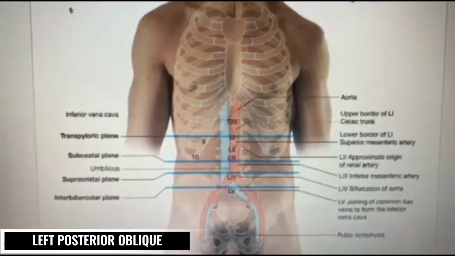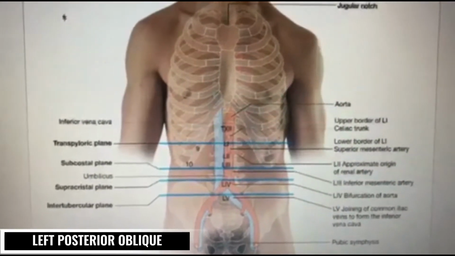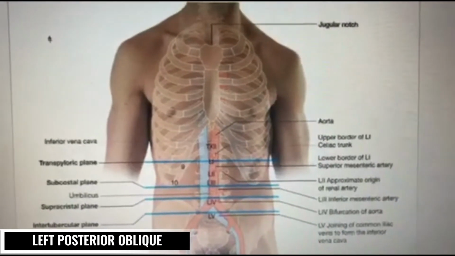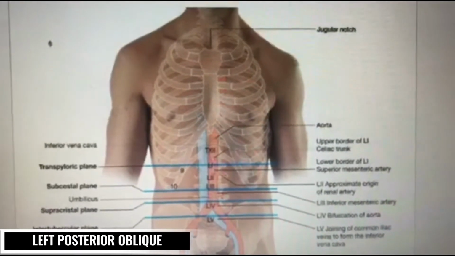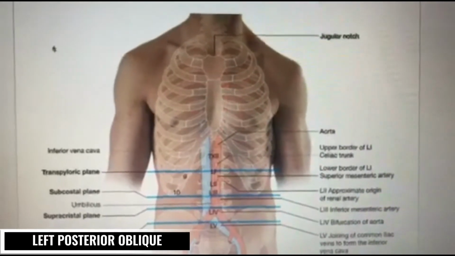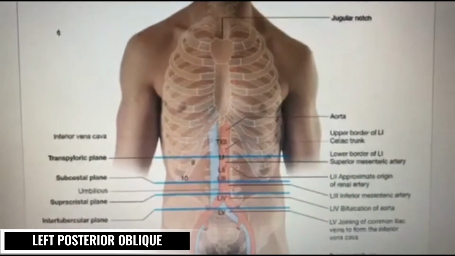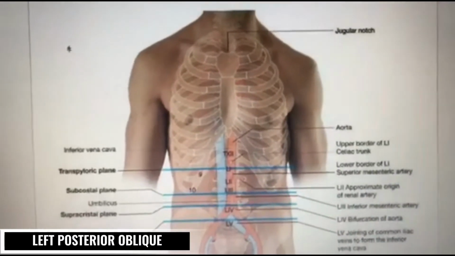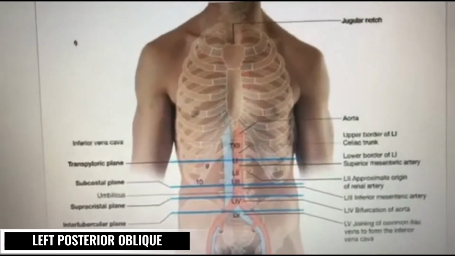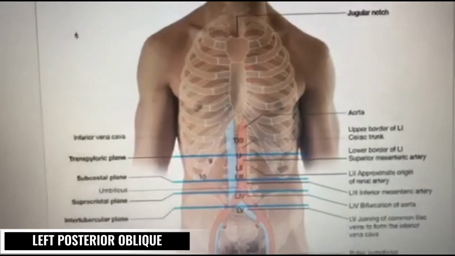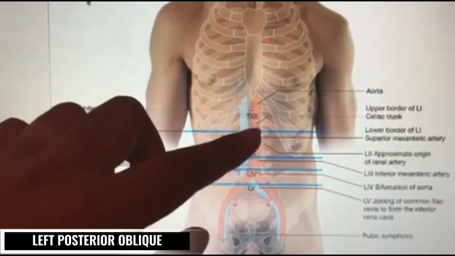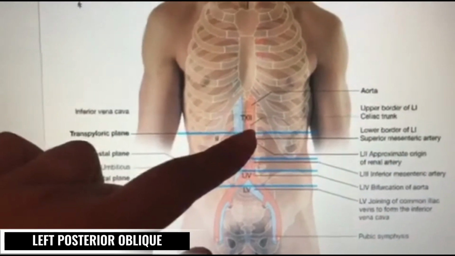Next is the hypersthenic body type. We center the ray about 2 inches above the L1. Imagine that this patient is again in oblique position, 60 degrees oblique. This is the L1.